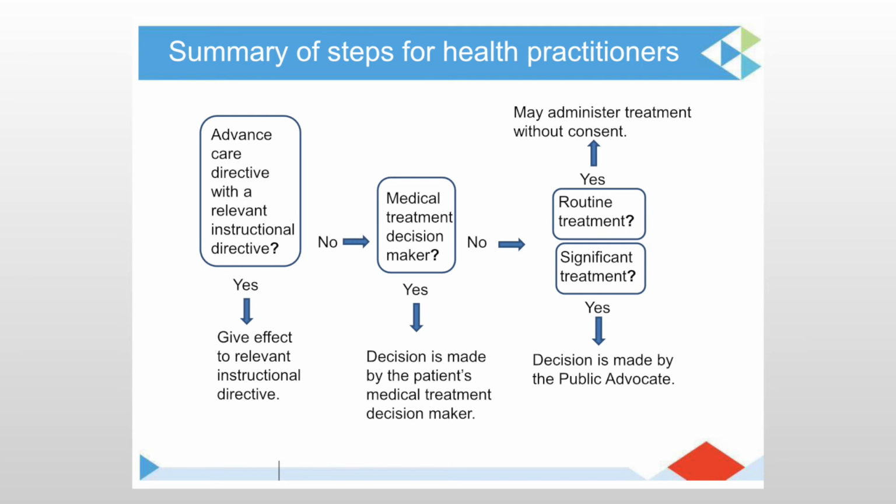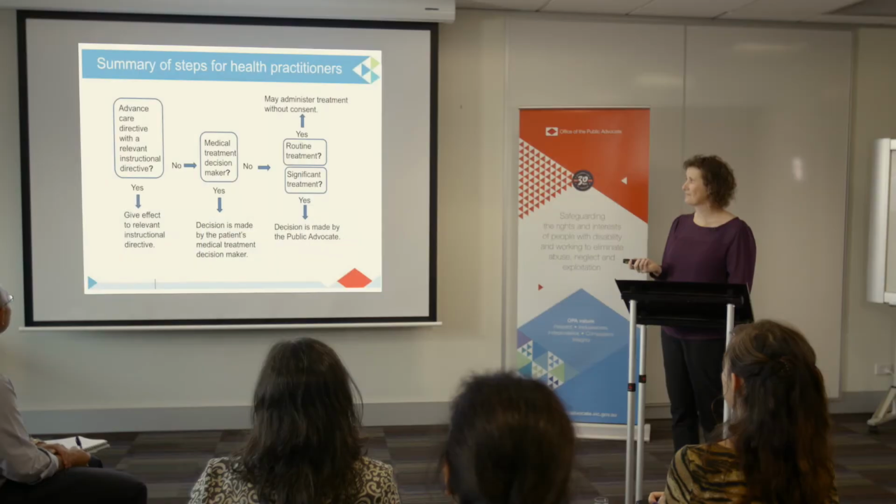If there isn't one, you decide, is the treatment significant or routine? If it's routine, you go away and administer that treatment without consent. If it's significant, you come directly to our office and we can make that decision to consent to or refuse the medical treatment.